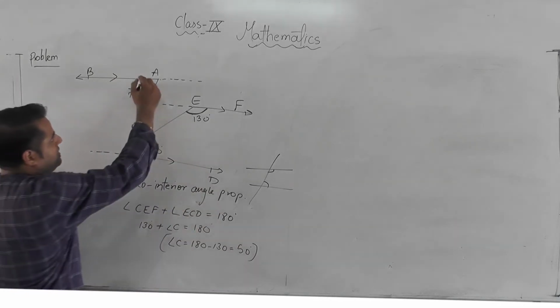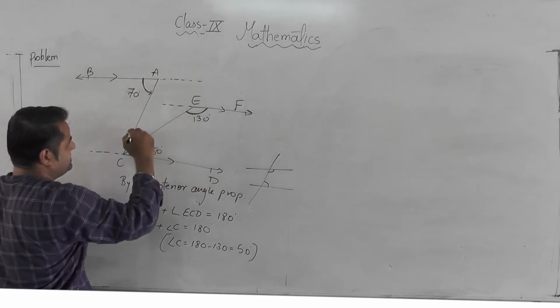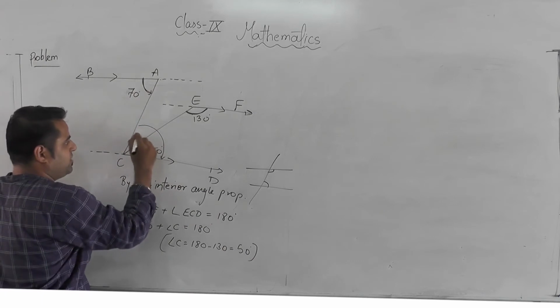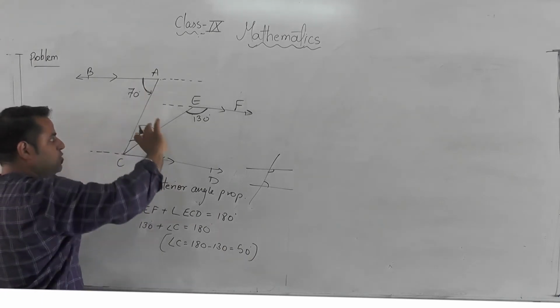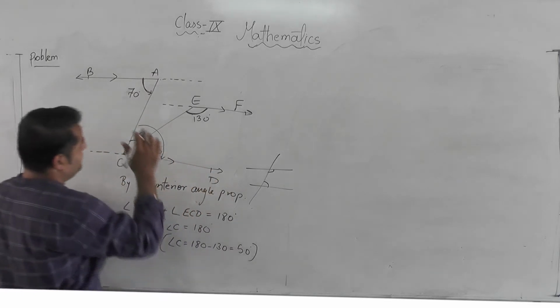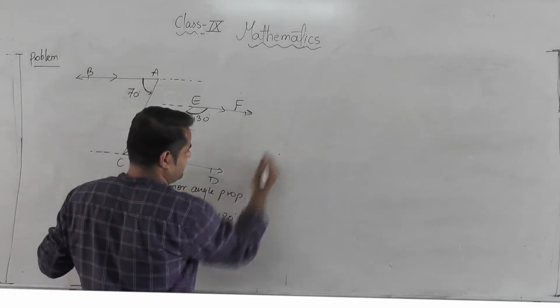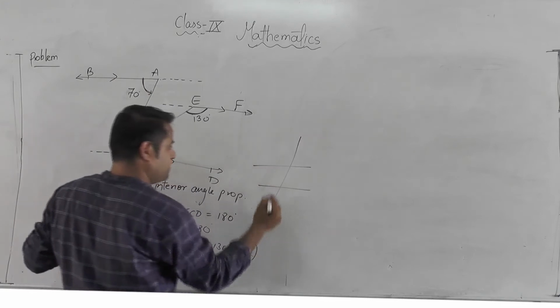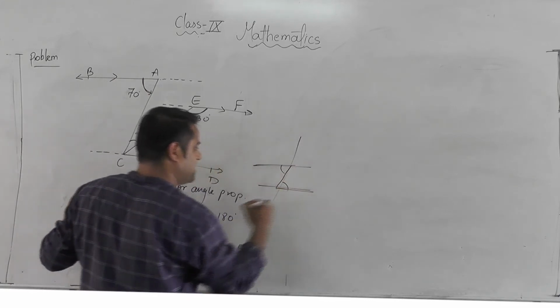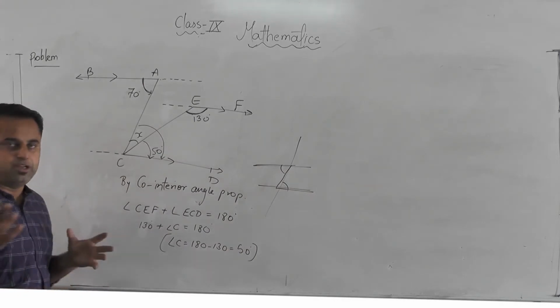Now this angle and this whole angle, we can assume a value x. Both angles are the same by the alternate interior angle property. This is z, so this cross angle will be alternate interior.